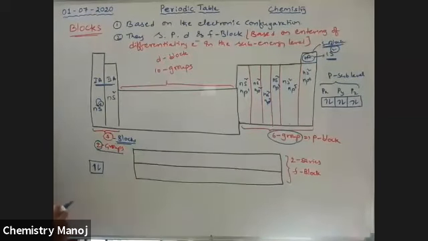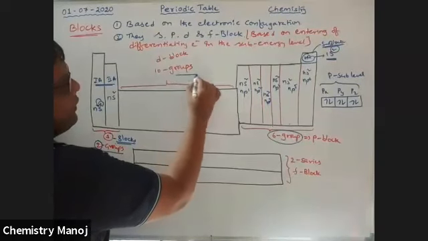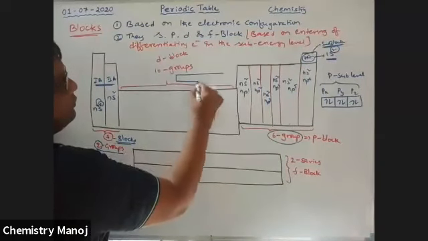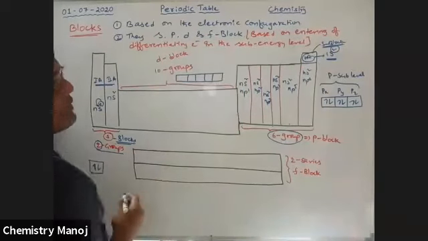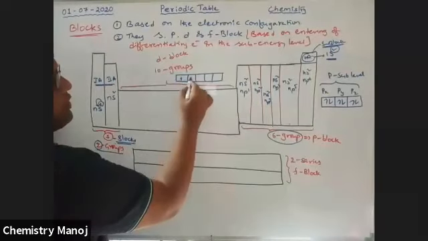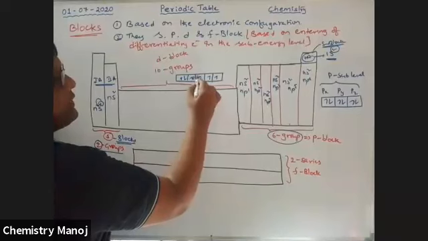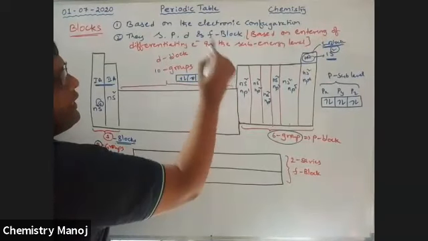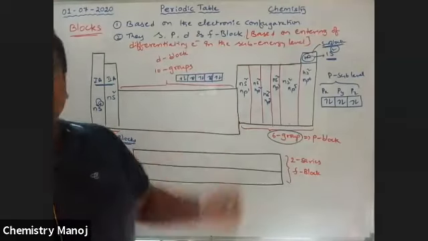Next, D block. The D sub-energy level has 5 orbitals. So d1 configuration, d2, d3, d4, d5, d6, d7, d8, d9, d10. That means a maximum of 10 electrons are possible in the D sub-energy level.